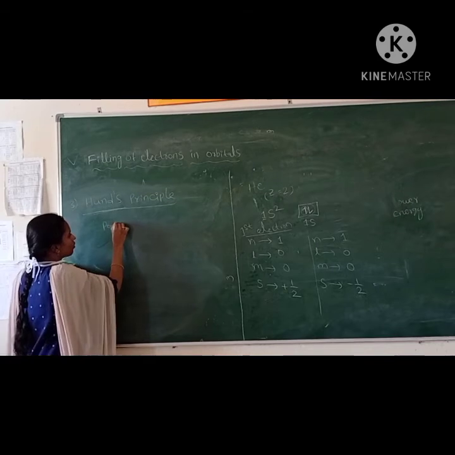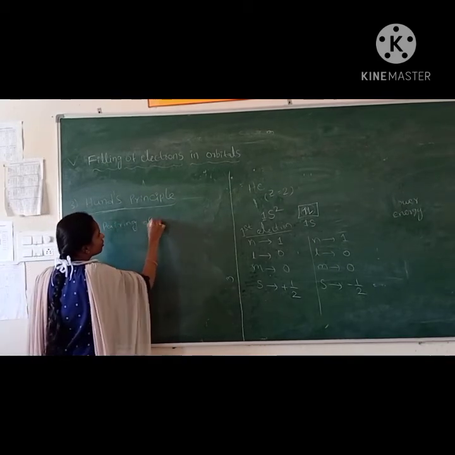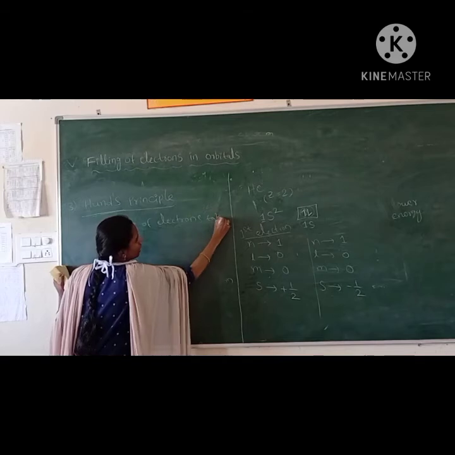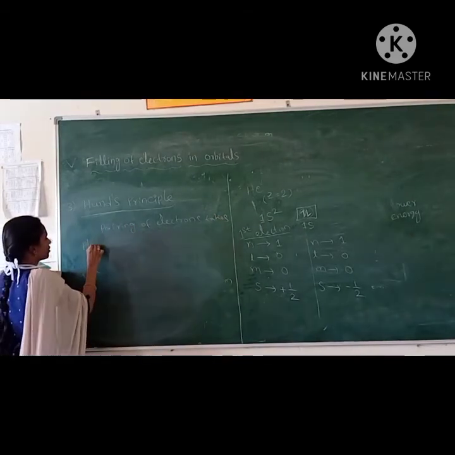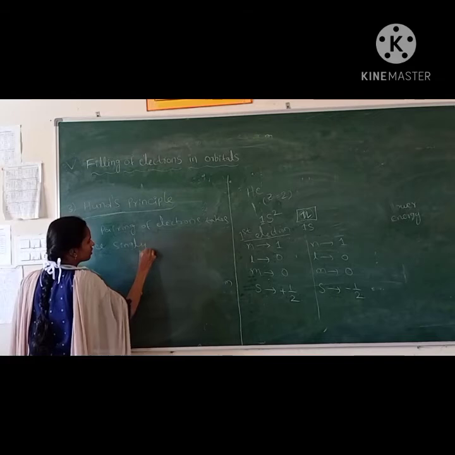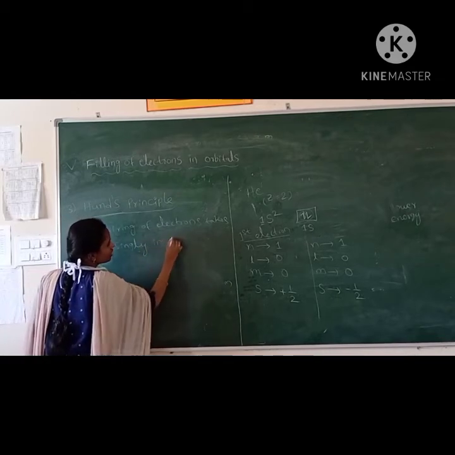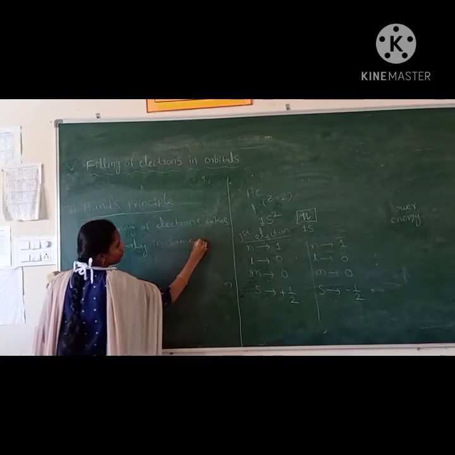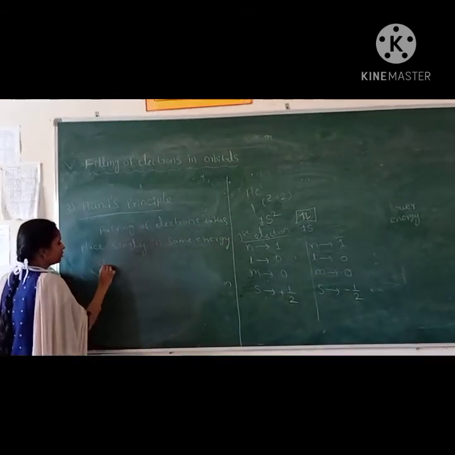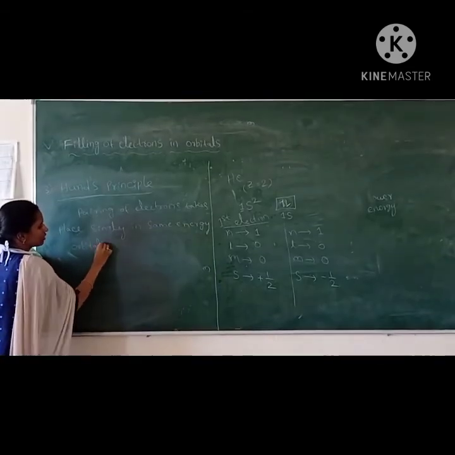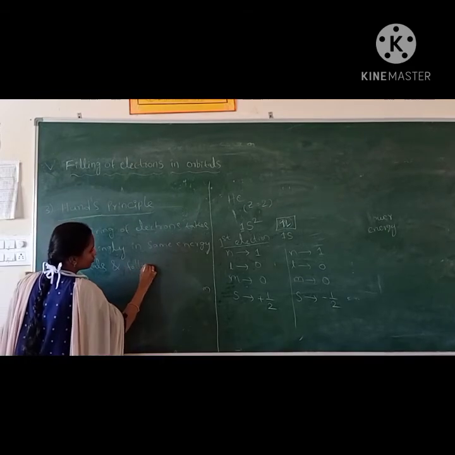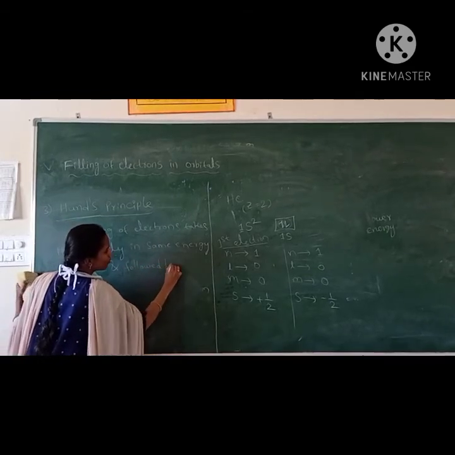Pairing of electrons takes place singly in same energy orbitals, and followed by pair.